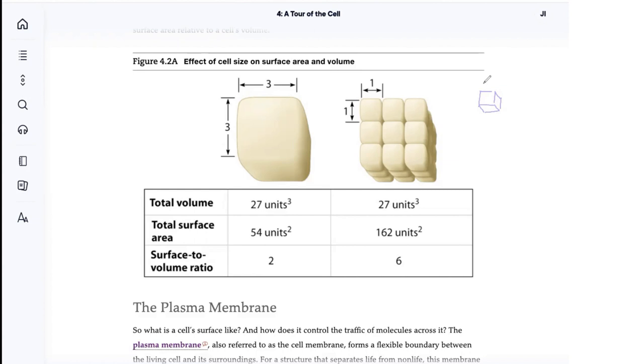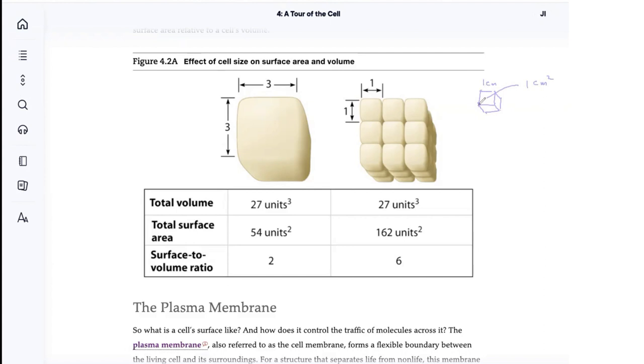So if you had a die that was 1 centimeter across one edge, right? You could say that the total surface area of this die would be, well, this side over here would be 1 centimeter squared.